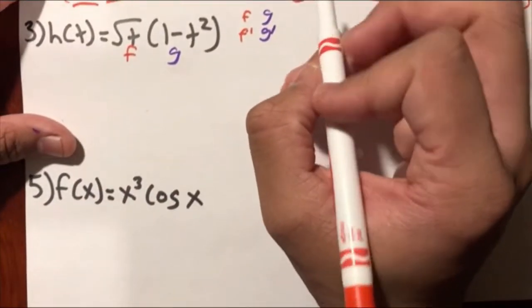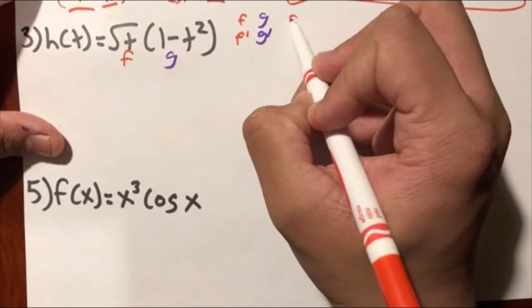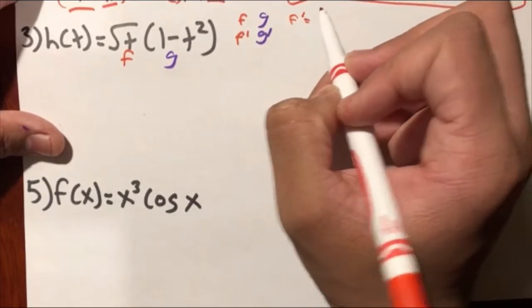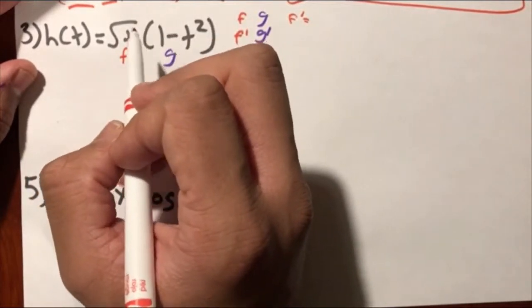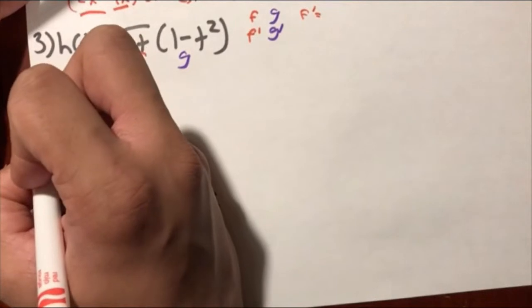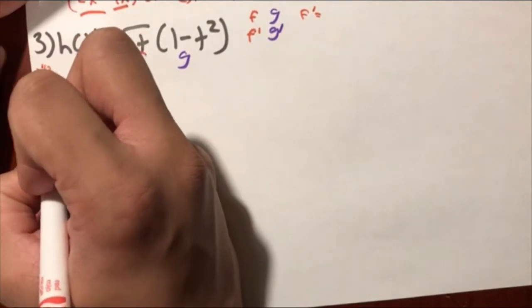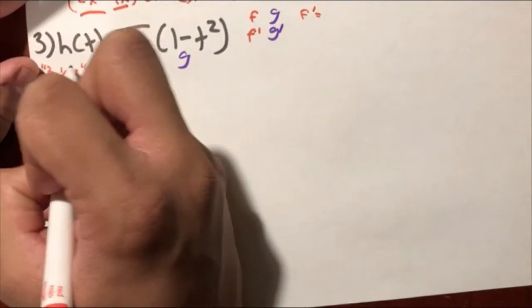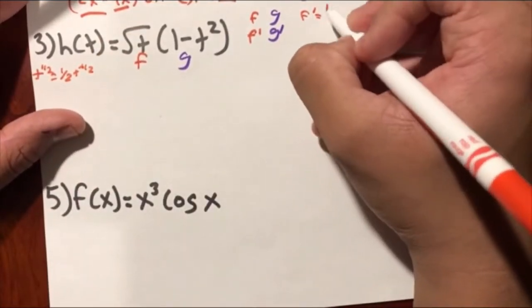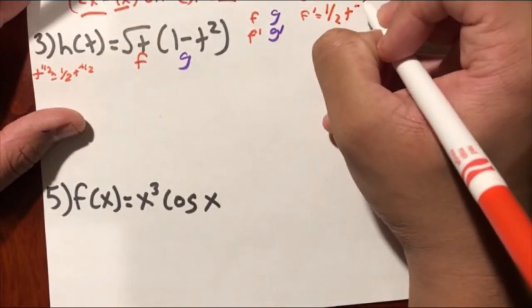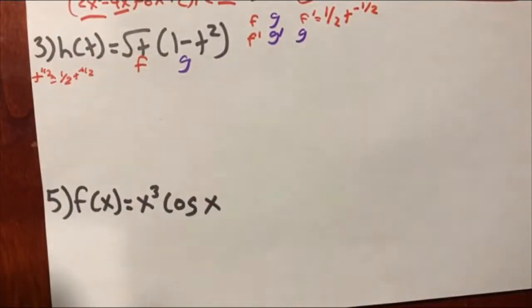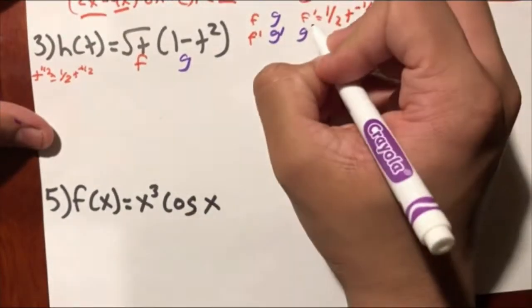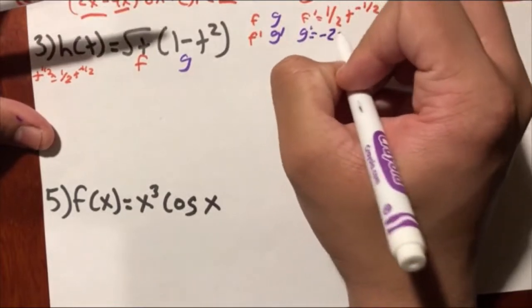So my derivative of f would be, this is really t to the 1/2, which is 1/2 t to the negative 1/2, and then I have g prime, which is negative 2t.